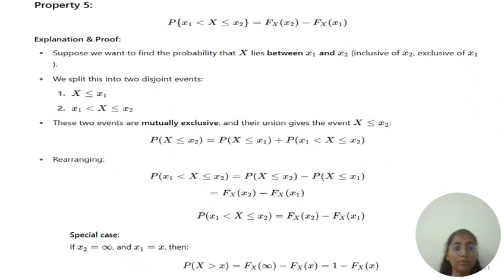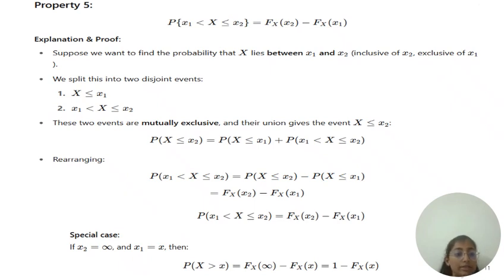P of X less than or equal to x2 equals P of X less than or equal to x1 plus P of x1 less than X less than or equal to x2. By rearranging them, we get our function like this. P of x1 less than X less than or equal to x2 is written as F_X of x2 minus F_X of x1.